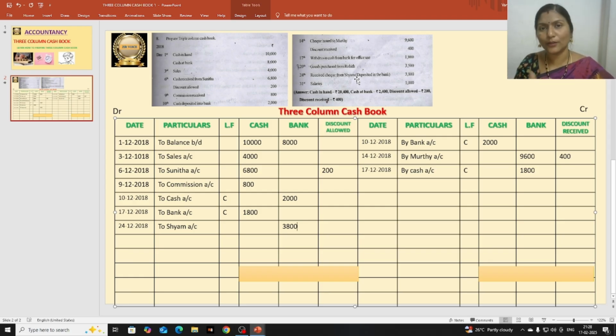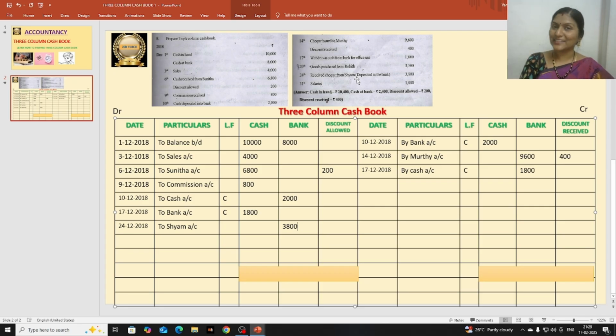Any transaction we analyze, we should analyze from the side of the business. So who is going to pay salaries? Business only. Business pays salaries to employees, no? So salaries will be paid by the business.